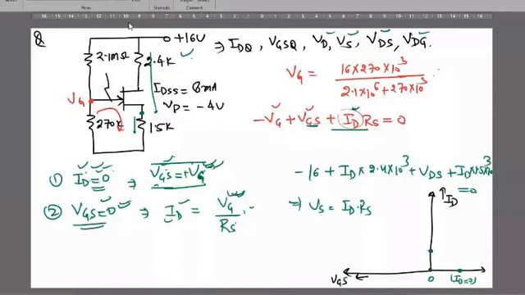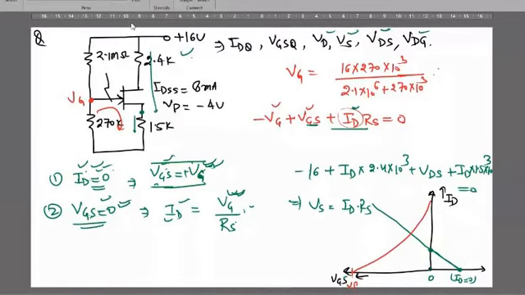After that you draw a line, and where it crosses the transfer characteristics, between VP and IDSS, this will be the Q point.